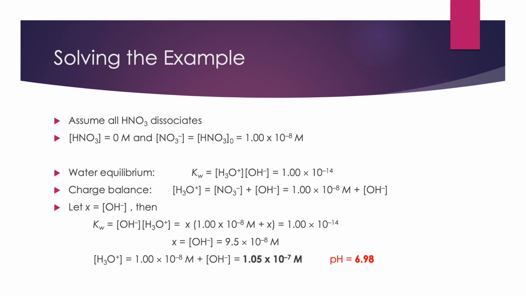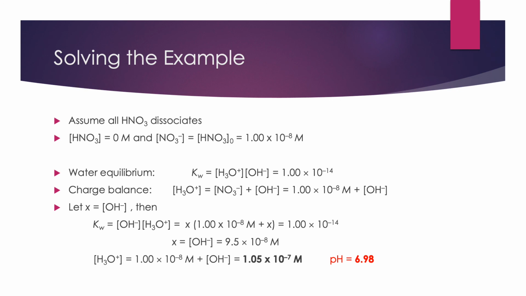So now we're going to create an algebra problem. We're going to let X equal the hydroxide ion concentration. Now, toward the bottom of this slide, I write the equilibrium expression: Kw is equal to the concentration of hydroxide ion times the concentration of hydronium ion.